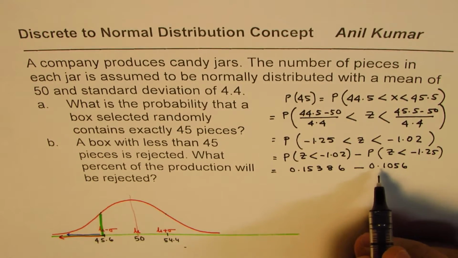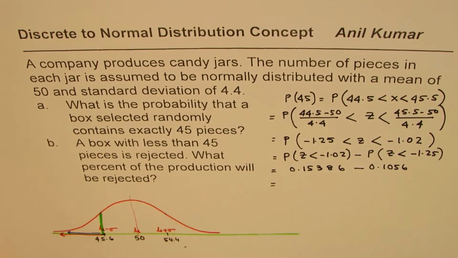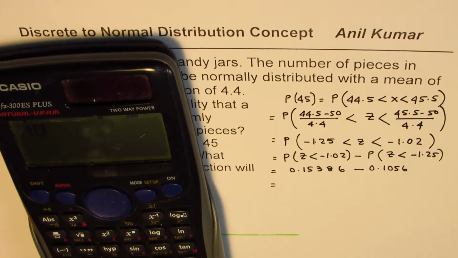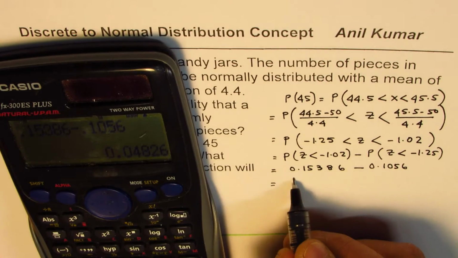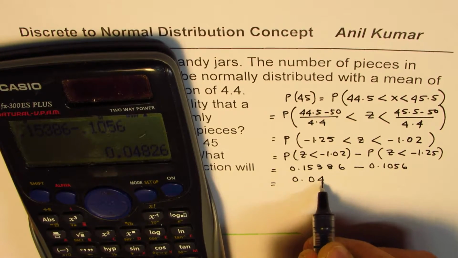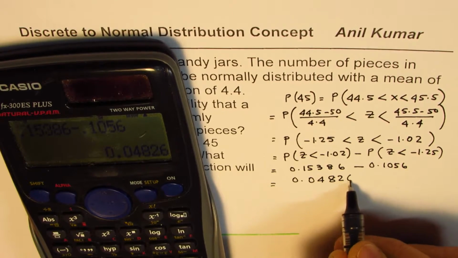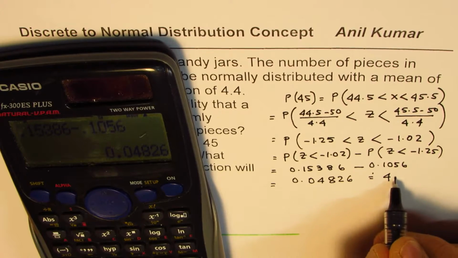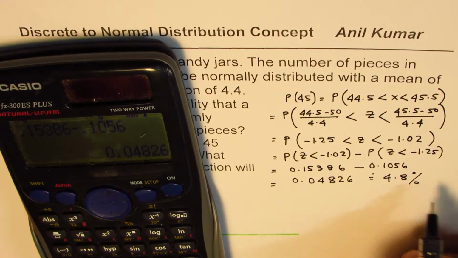So that's the value. So let's take away and find the probability. It is 0.15386 minus 0.10565, which gives you in decimals equals 0.04826. That is approximately 4.8%. Do you see that?